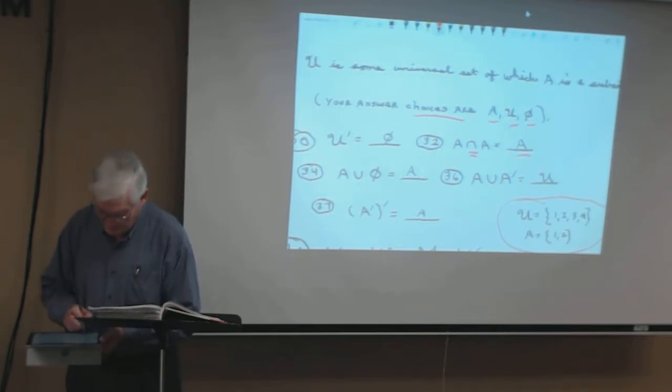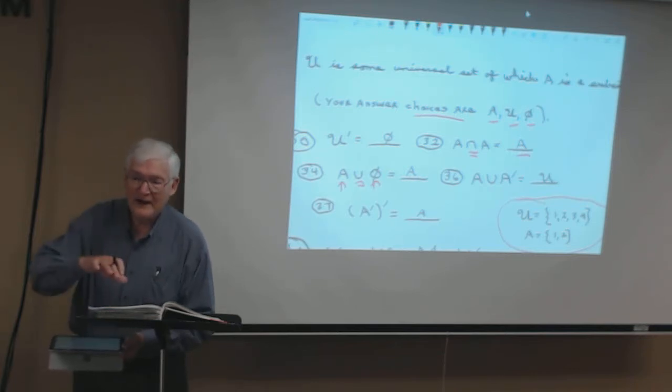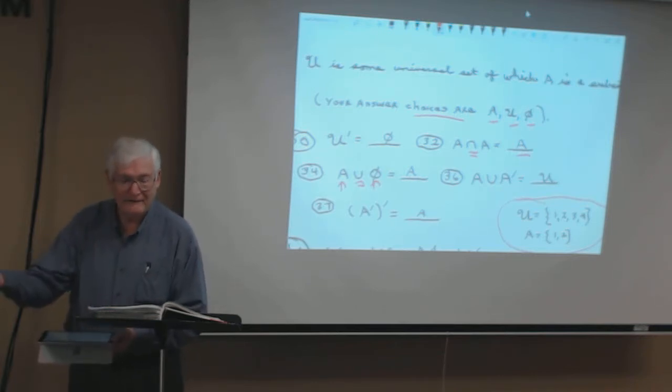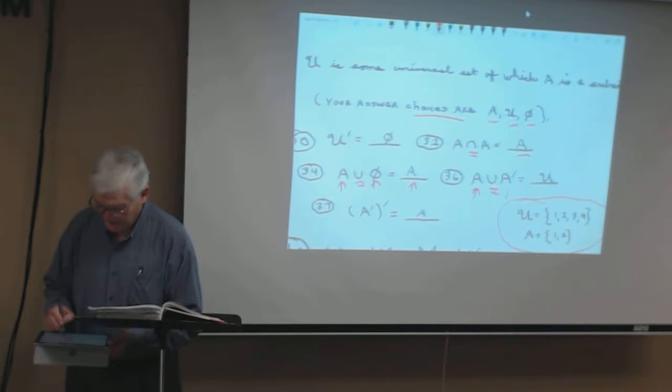34, what's the union of A with the empty set? If you put A and the empty set together, what do you have? Don't you have A? 36, what's the union of A and the complement of A?